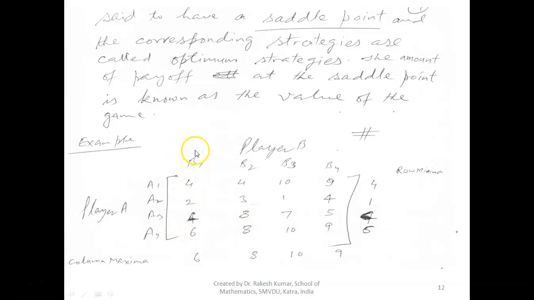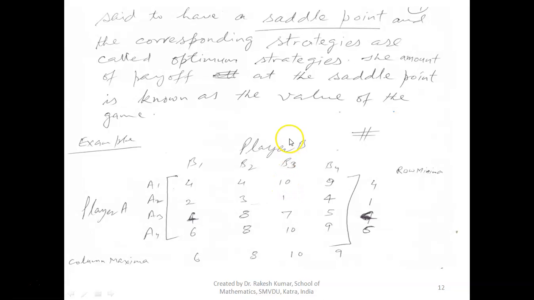Secondly, player B: the maximum value in each column represents the maximum loss to player B. For example, take this value 10. This 10 is the profit to player A, and it will be a payoff of minus 10 to player B, that is, a loss of 10 units.